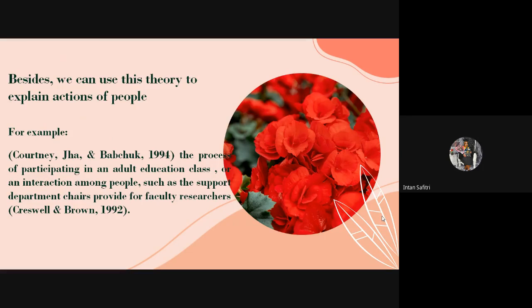Besides, we also use this theory to explain actions of people. For example, Courtney, Jha, and Baghun, 1994, the process of participating in an adult education class, or an interaction among people, such as the support department chairs provide for faculty researchers, Creswell and Brown, 1992. Next, please.